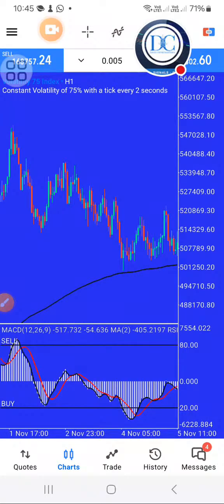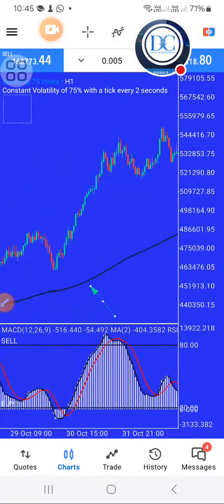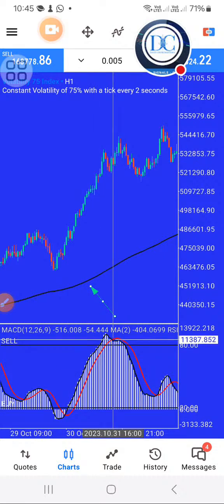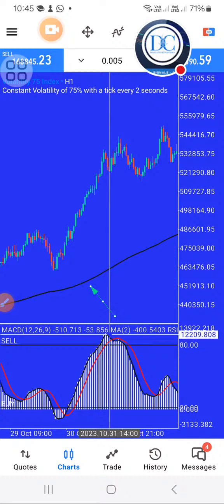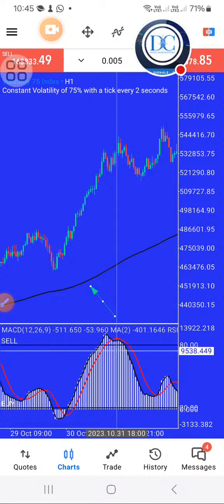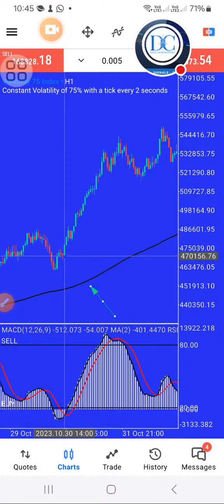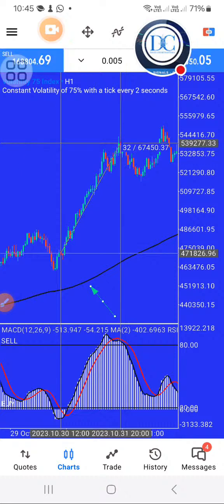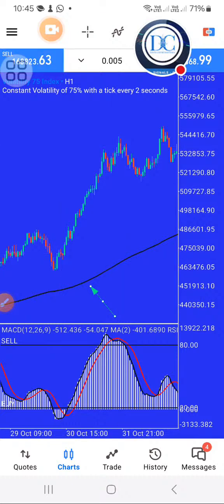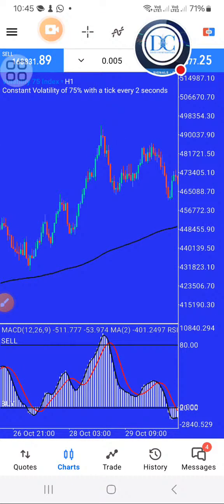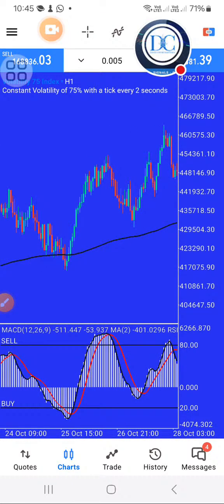So I would recommend using that exit strategy, waiting for price to reach overbought, waiting for the black line to cross below the red line, and then you exit, because you would be in a very good position, and you will not lose much of the profit when you exit, while you're still in very good profit, because it's a scalping strategy. You don't want to be in the market for a very long time.